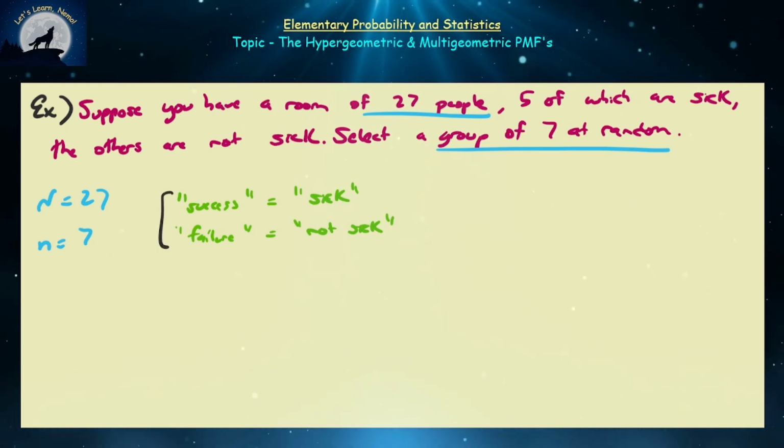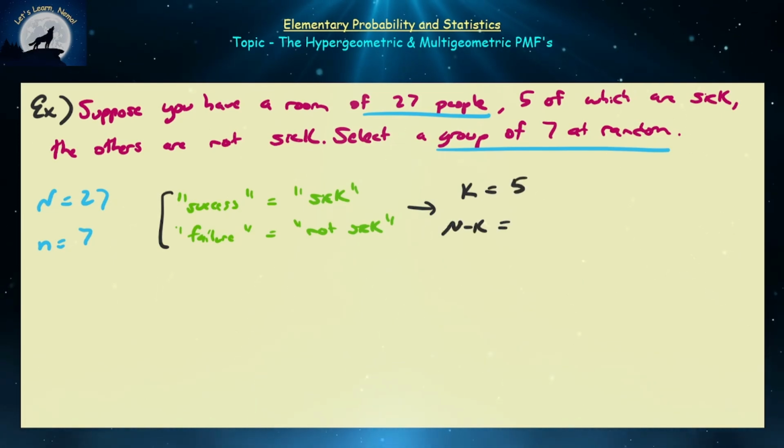From our definitions and notations, the number of successes in our population is going to be 5, and the number of not sick people will be equal to 27 minus 5, which is 22. There are 27 people in our population, so 27 minus 5 gives 22 not sick people in this room.